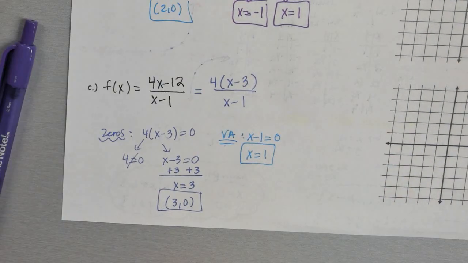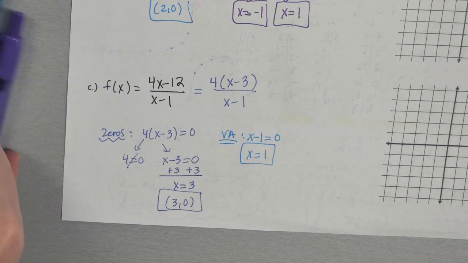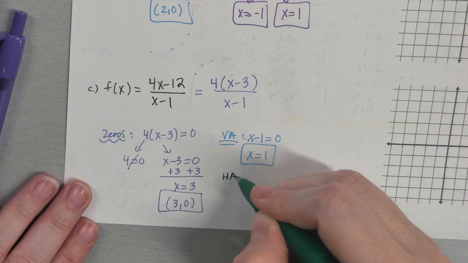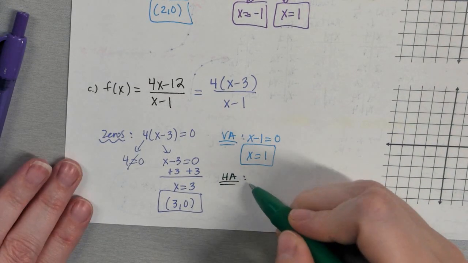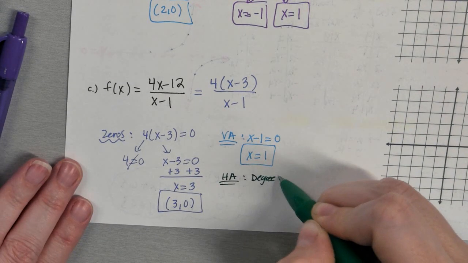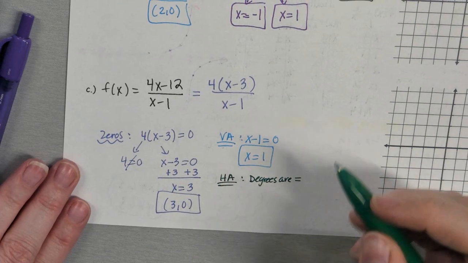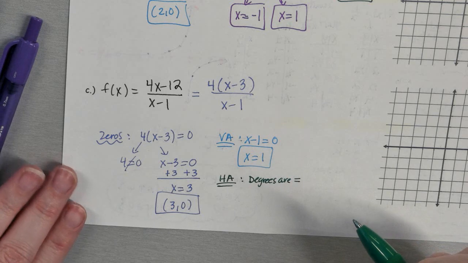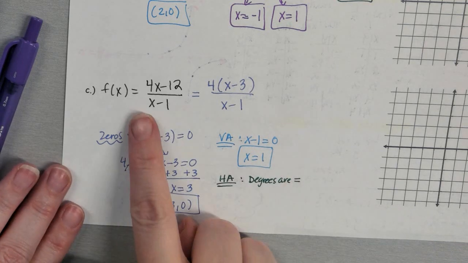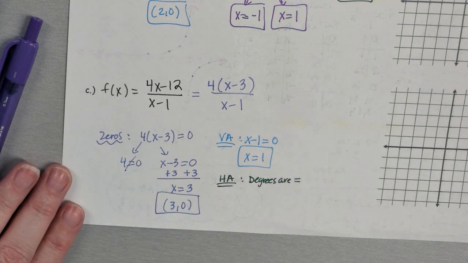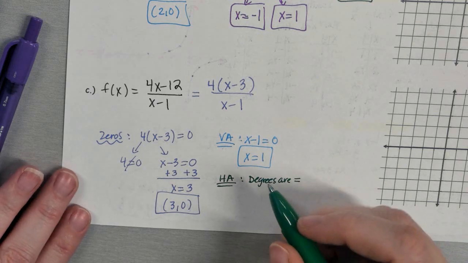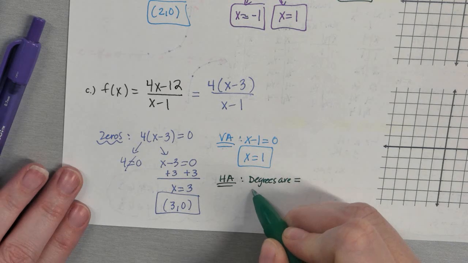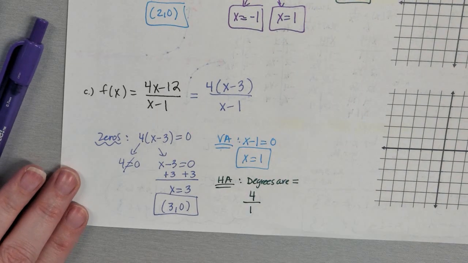All right, what do we know about the degrees for the numerator and denominator here? They're both what? Yes. So degrees are equal. Okay? So in that case, you take the leading coefficient. What's the leading coefficient of the top? Yep, so what's in front of x? 4. So this would be 4 over 1.